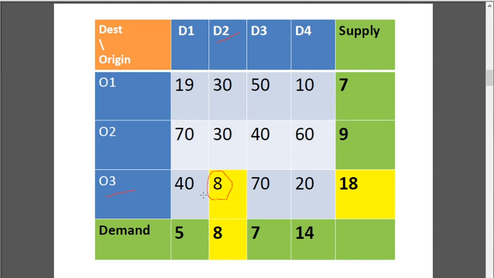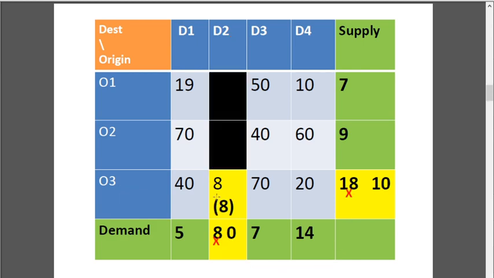For this cost, the origin is O3 and the destination is D2, and the supply available is 18, and the demand required is 8. So out of 18, I can supply all the 8 units to the destination. Once you supply the demand, the 8 units have been supplied, therefore the demand becomes 0 now.